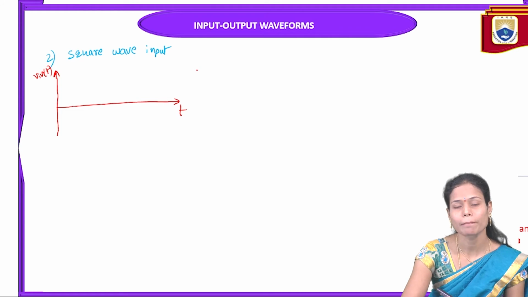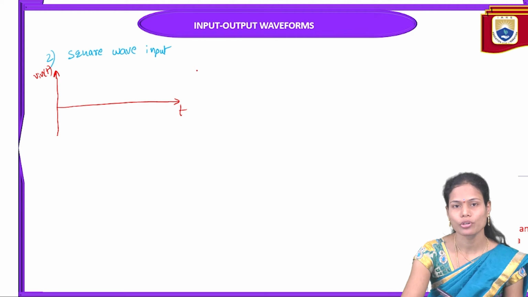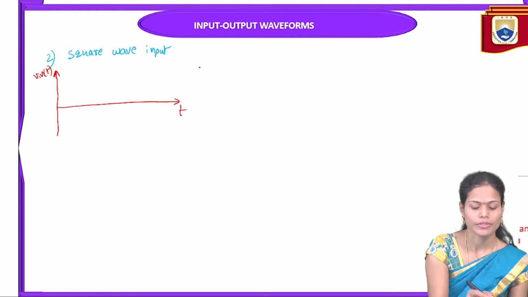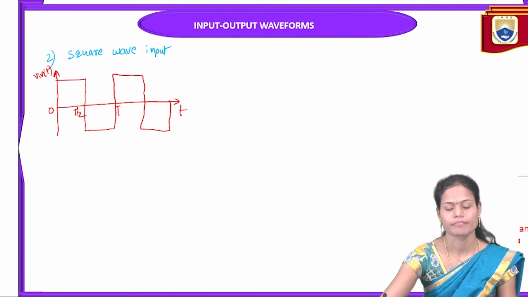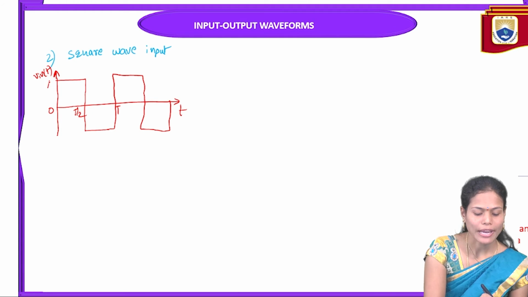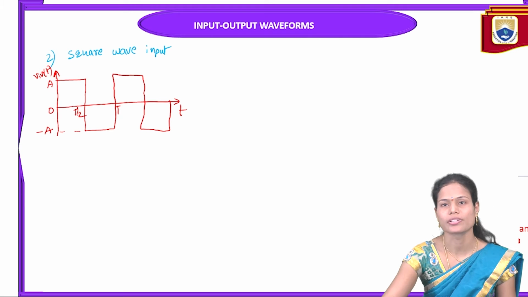If we combine the positive step signal as well as the negative step signal, we can create the square wave signal. That is nothing but, this is the positive step and this is the negative step, and again a positive step and a negative step. 0, T by 2 and T are the time instants here. Here the magnitude I am taking is A, and here I am taking it as minus A.